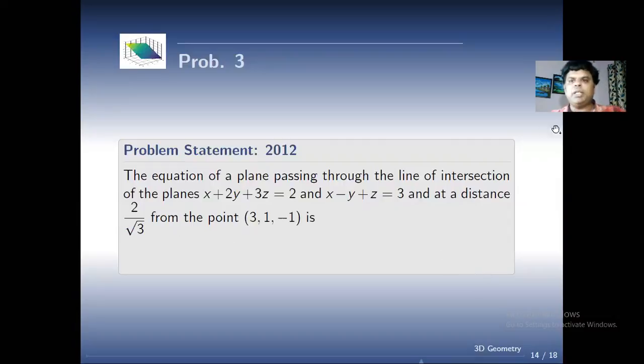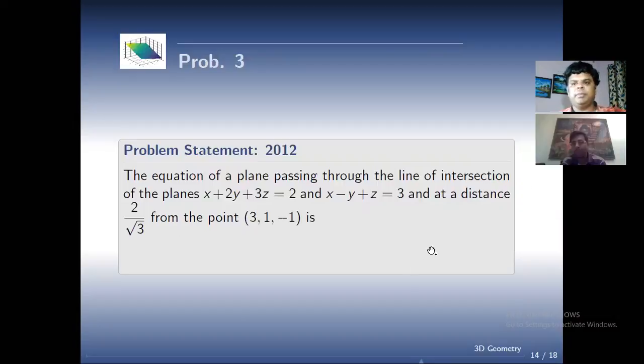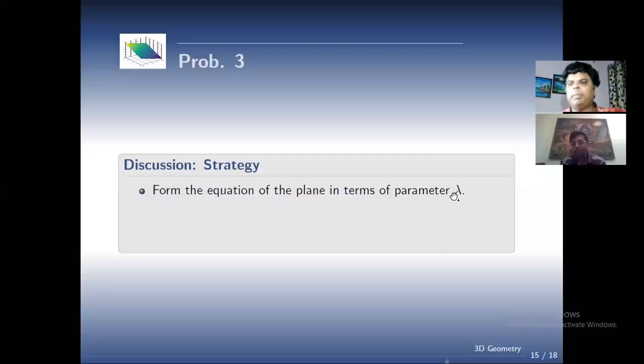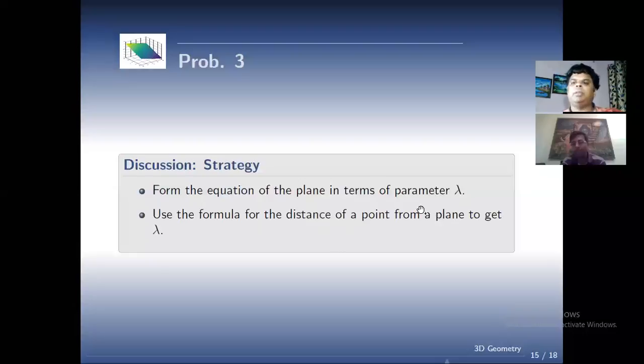What would be the strategy to solve this type of a problem? So the strategy is very clear. First, form the equation of the new plane in terms of the parameter lambda, right? Because it is going to go through the intersection of two planes. Next, use the formula for the distance of a point from a plane to get lambda, right?